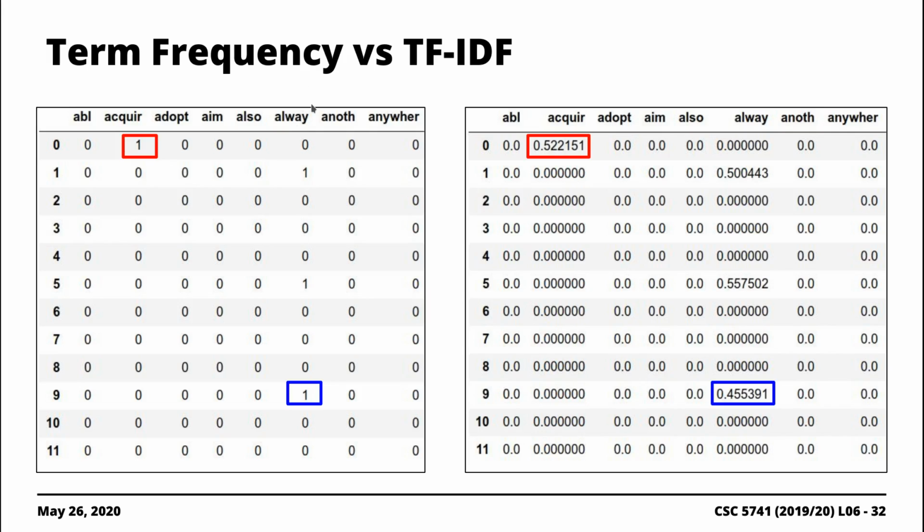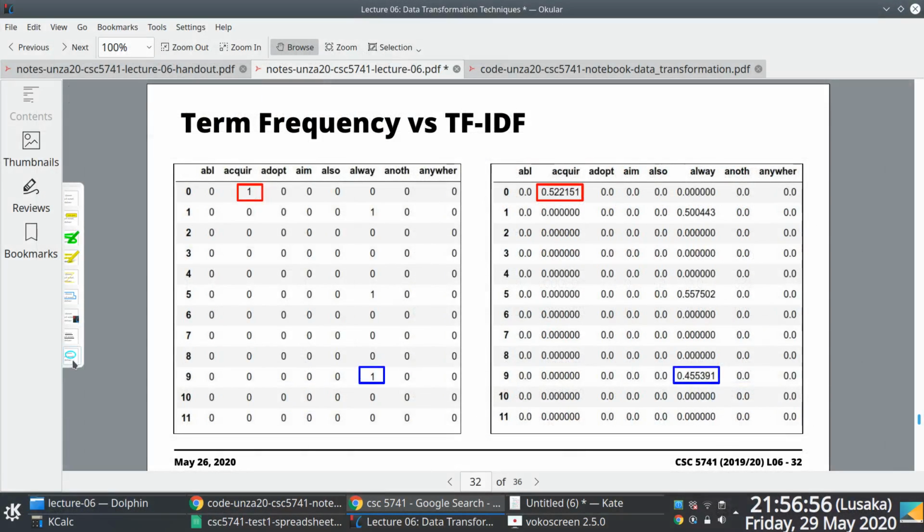If we were to take the term frequency approach, you notice that the word always has the same term frequency value for document 1 and document 5. If you look at document 1 here and document 5, and in fact even document 9, they have the same term frequency value, right?